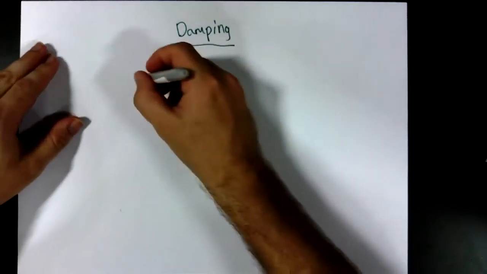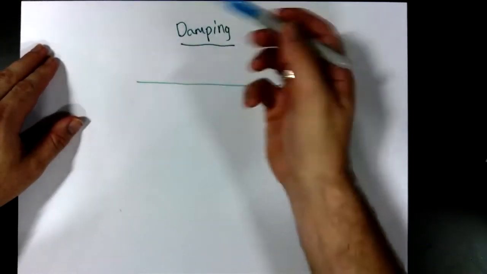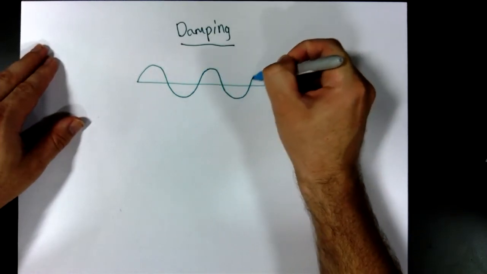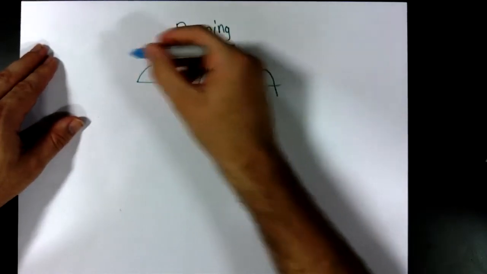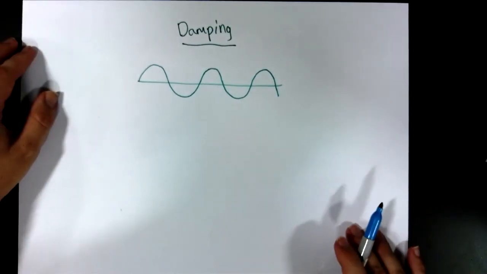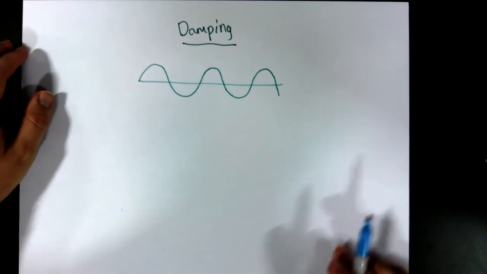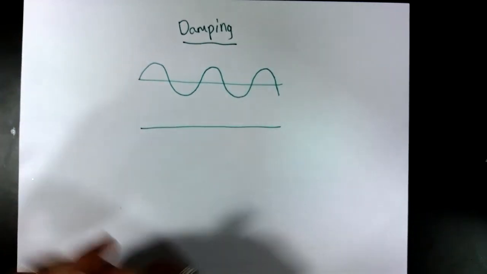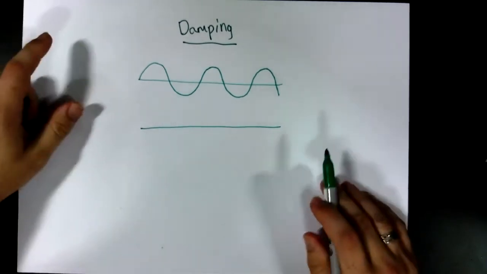Okay, so normally when we have something oscillating in simple harmonic motion, we would expect some sort of continuous amplitude. However, in this case, damping creates a situation where we have a decreasing amplitude over time.